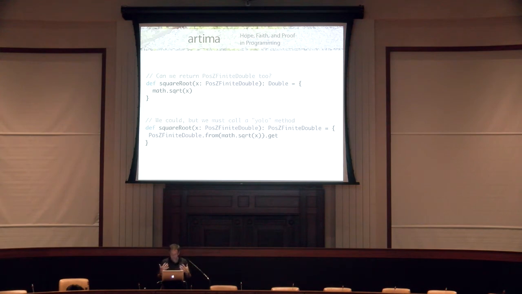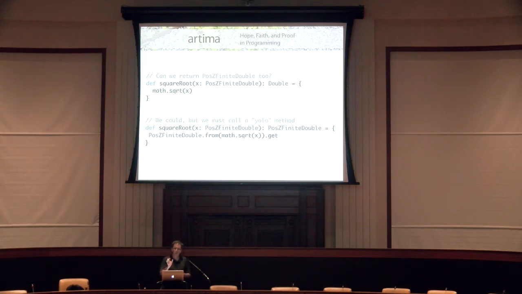So that's more, I thought, principled, right? But then I found myself, after using this for a while, I kept doing this. Like right here, I would create an option and then call get. That's the you-only-live-once, it-may-blow-up method, because I'm pretty sure it will always work. So I realized that this is kind of stupid.